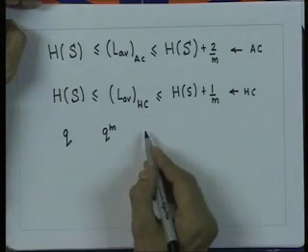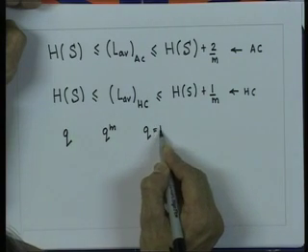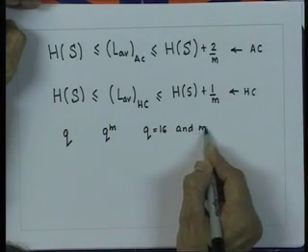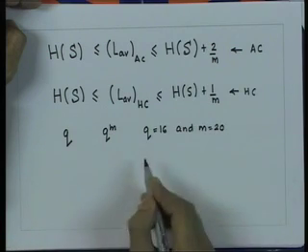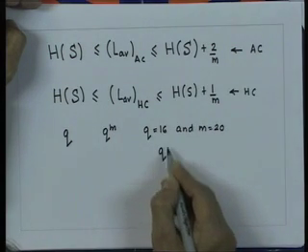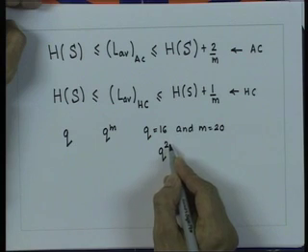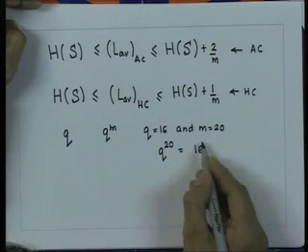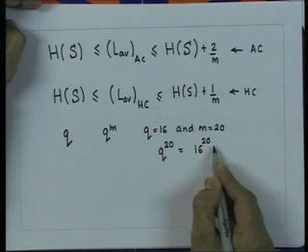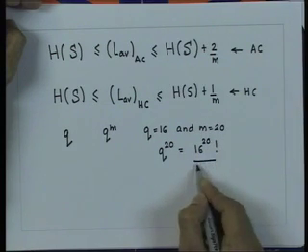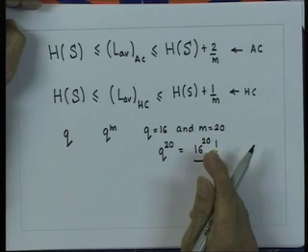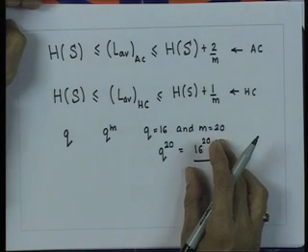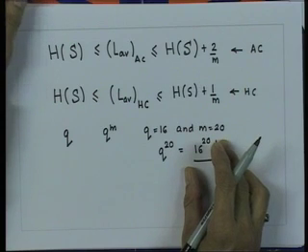Now, taking reasonable values of q equal to 16 and m equal to 20, this would give us a code book size of 16 raised to 20. Now, this is obviously not a viable option. For the arithmetic coding procedure, we do not need to build the entire code book.